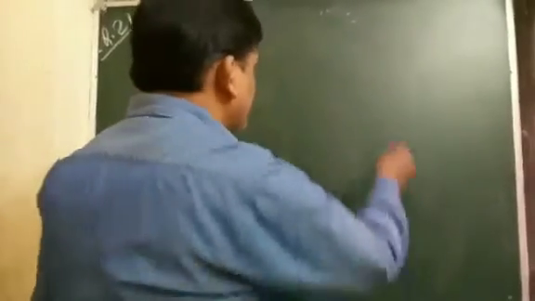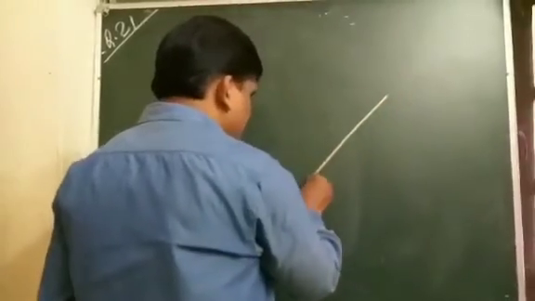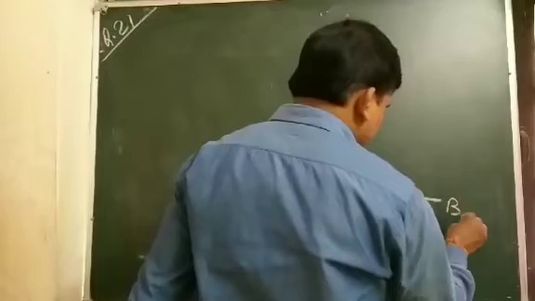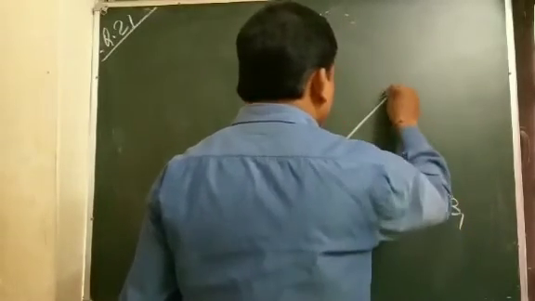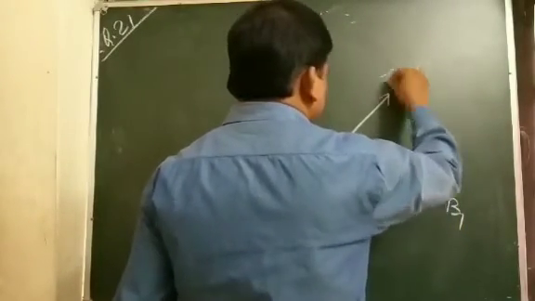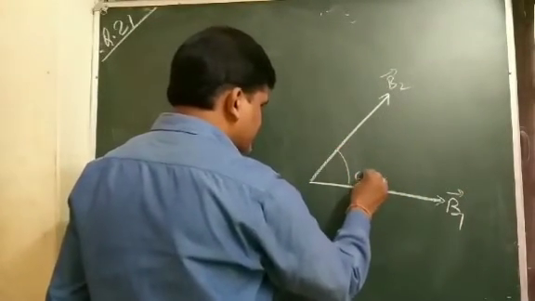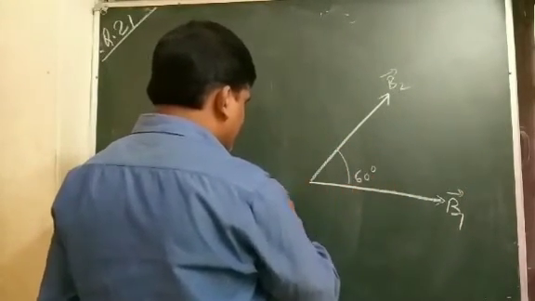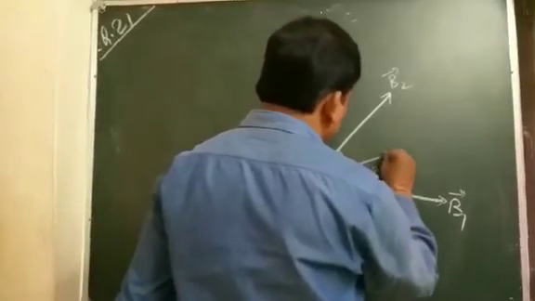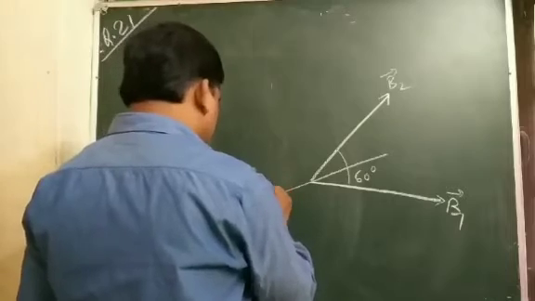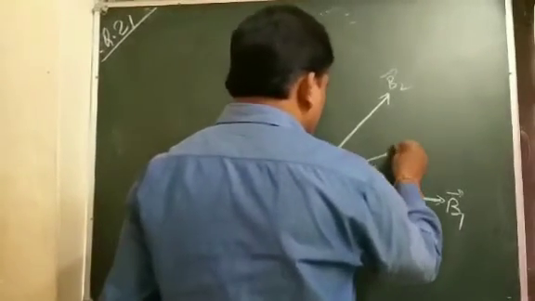Suppose the two fields are B1 and B2. Clear? The angle between them is 60 degree, which is given. And a dipole which is shown here, this is the south pole, and this is the north pole.